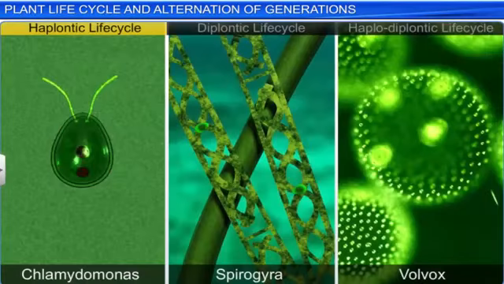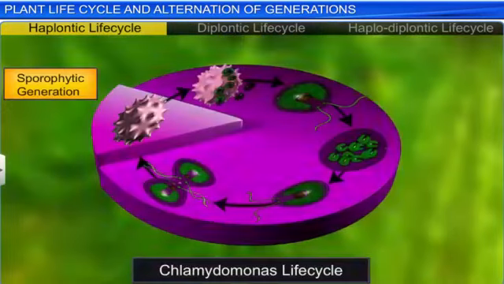In the haplontic life cycle, observed in algae such as Chlamydomonas, Spirogyra, and Volvox, the sporophytic generation is represented by a single-celled diploid zygote, and there are no free-living sporophytes.